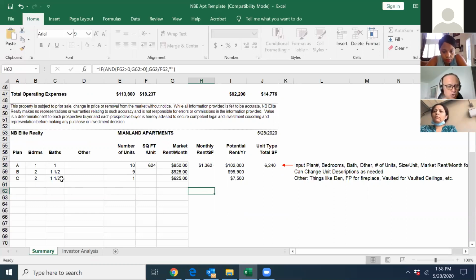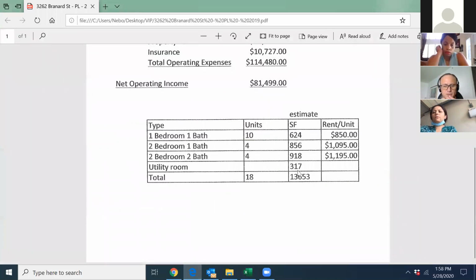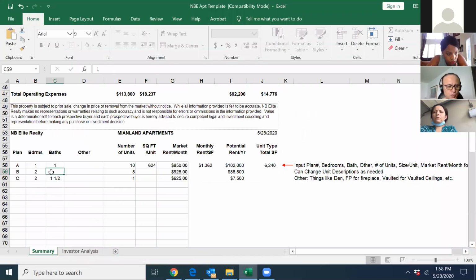Yes. Okay, then 2 bedrooms, 1 bath, 8 units. Let me see how many square feet. I think 4 units with 2 bathrooms, 918 square feet. So 4 units, 2 bathrooms, 2 beds, 918 square feet.